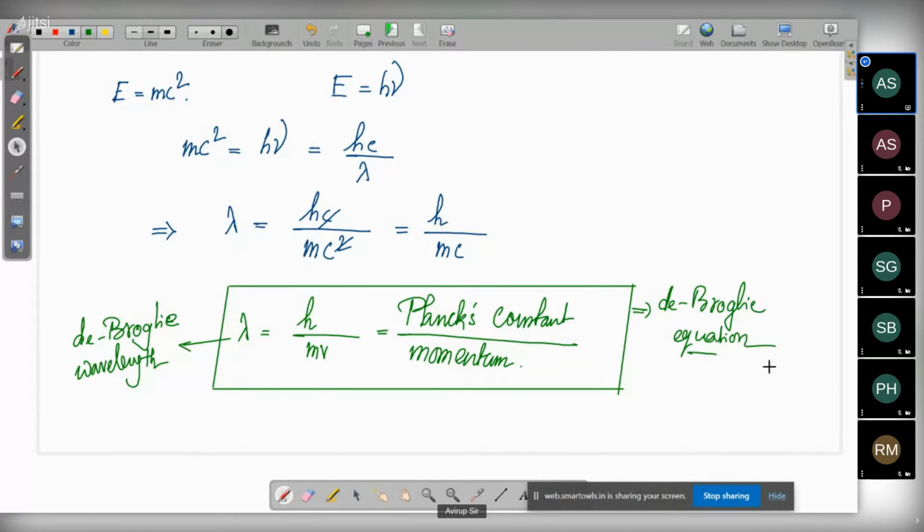Every object has a dual nature, so this is also known as wave particle duality. Every particle, every object has both qualities inside it simultaneously, coexisting together. That means it can behave like a particle as well as like a wave.